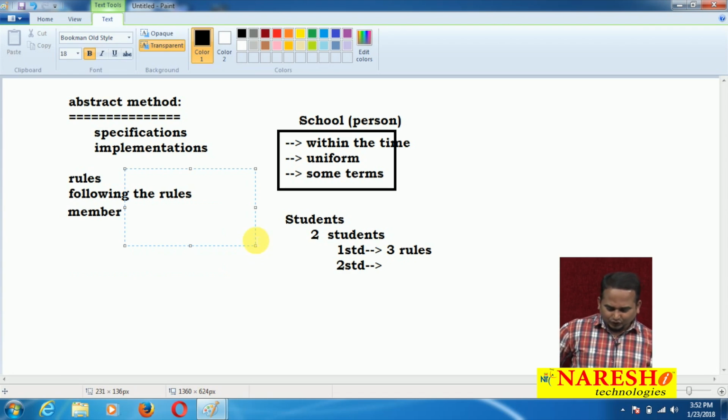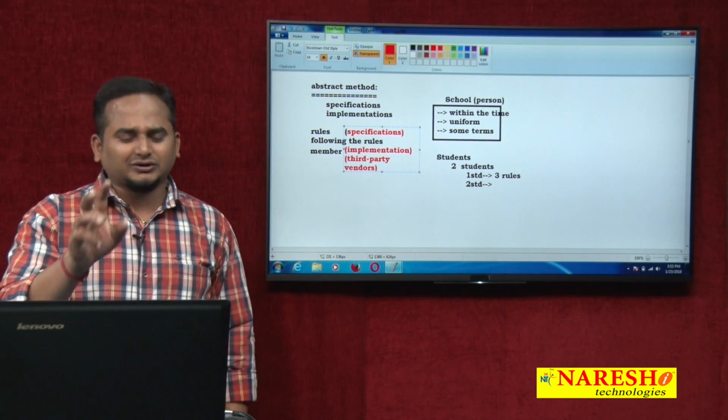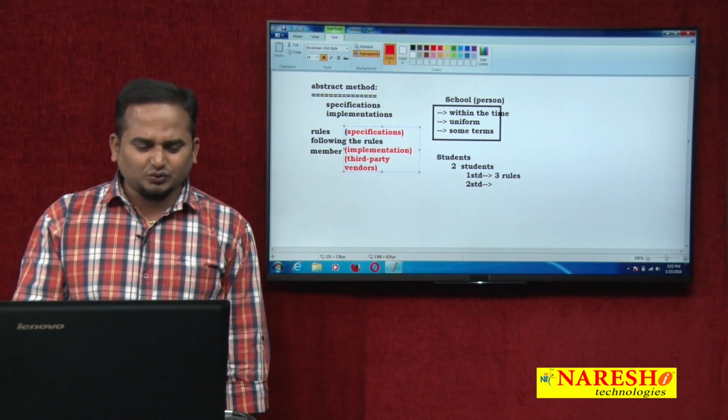Now, these rules technically we call specifications. And following the rules is nothing but providing implementation. Implementation is provided by whom? Faculties. Those faculties are technically called third party vendors.